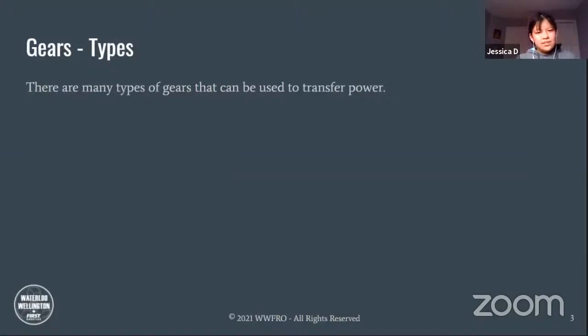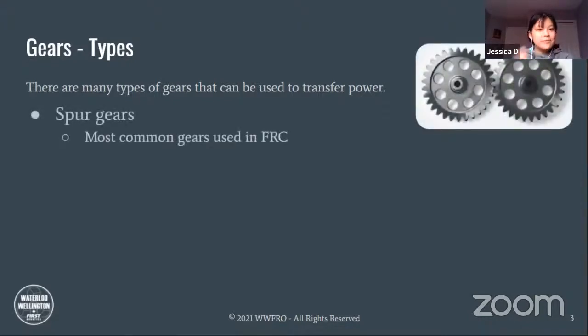There are many different types of gears that can be used to transfer power. You'll have to look at which one you want to use for your specific purpose. Starting off with the simplest gears that we know and the most common that you'll see in FRC, spur gears. These are basically discs with teeth that go around the outside of their perimeter. Spur gears have to rotate or mesh on the same plane or at the same level, which is also called a stage.